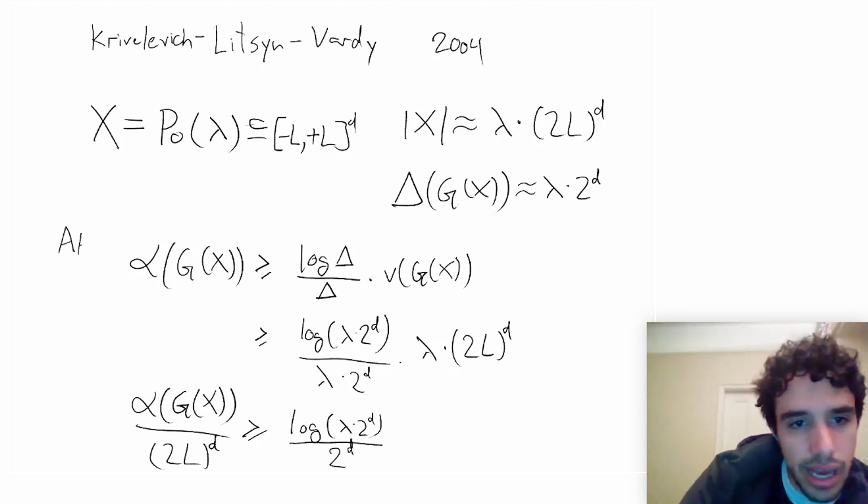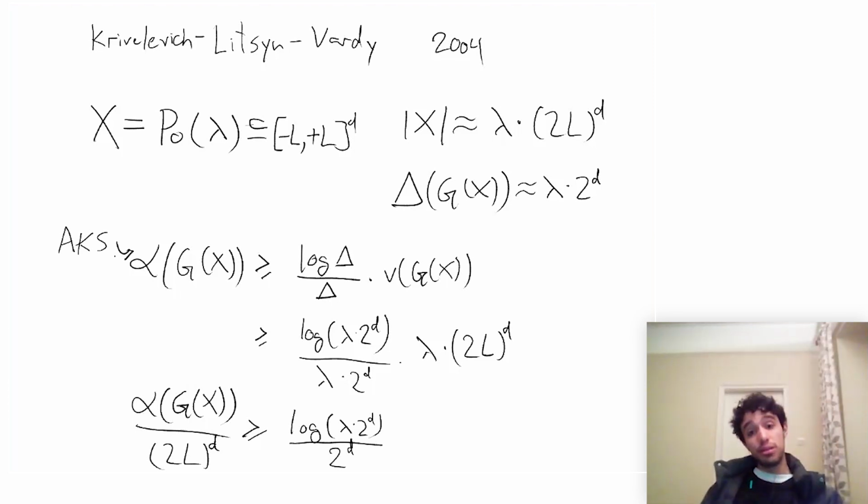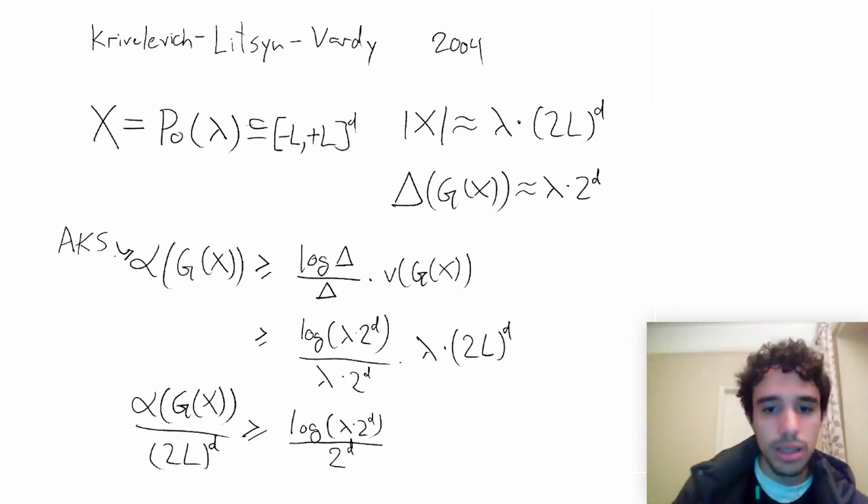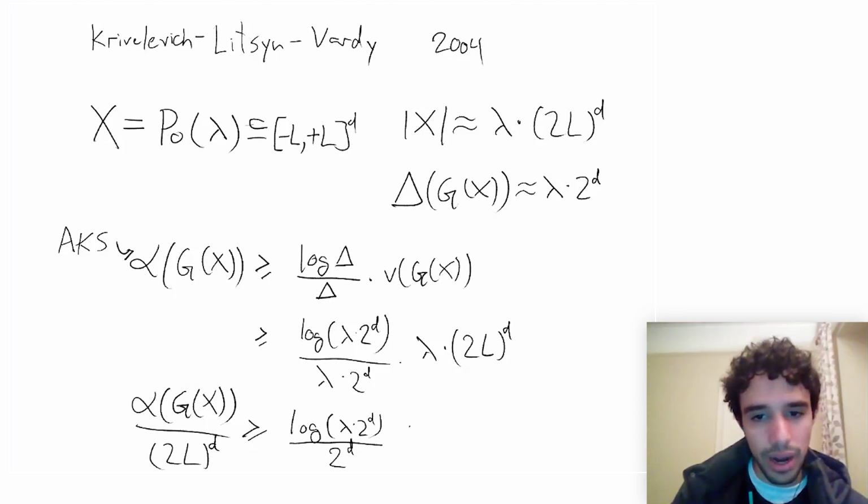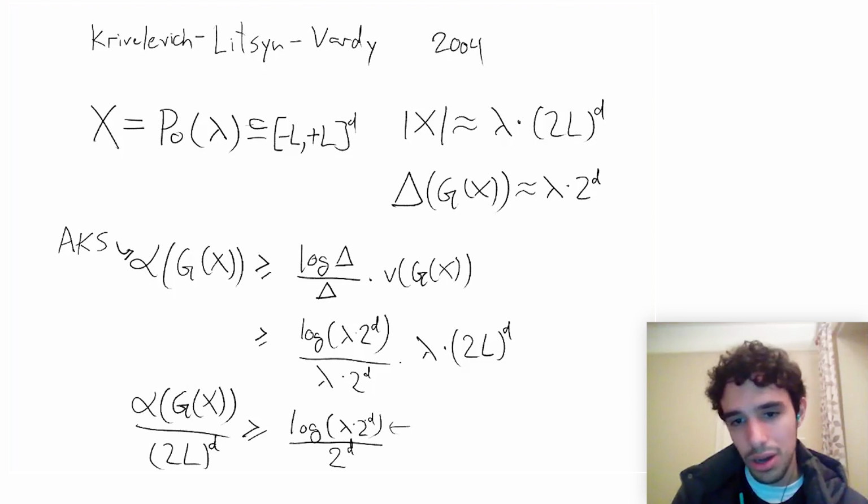So here's AKS, if our graph is triangle free. So we have to choose our x carefully, so the parameter lambda in our x, so that the graph is still triangle free. And then we're going to win, whatever log of lambda we can choose here, right?